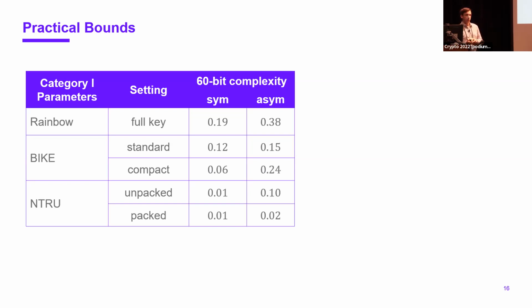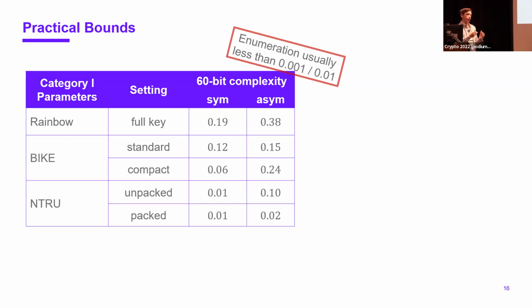But in the practical setting, it can make a huge difference. So we also consider this asymmetric model. And again, we have the threshold of 60-bit complexity. And if you consider enumeration attacks only, then you can usually handle, depending on symmetric or asymmetric, 1% to 0.1% in the symmetric model.